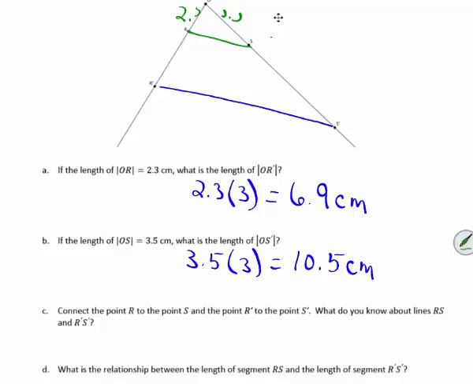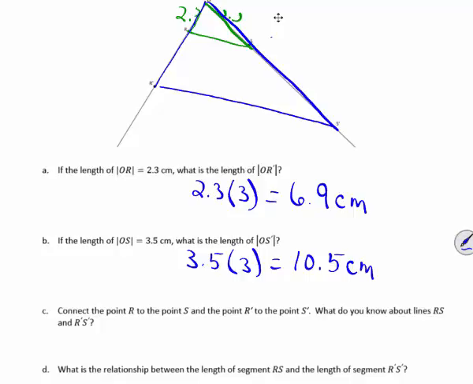We have our pre-image triangle ROS, and then we have our image triangle OR prime, S prime. So let's see here. We did that. Done. What do you know about line RS and R prime, S prime?